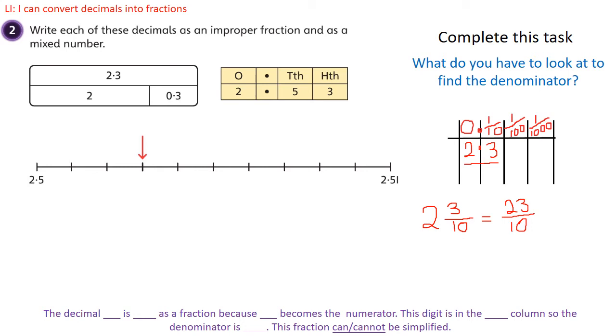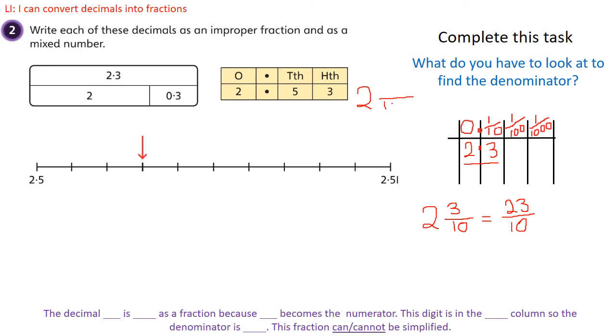Let's have a look at the next one. So we've got 2.53. So again, as a mixed number, you've got 2 wholes. What column is our last digit in? Our last digit is in our hundredths column. So what's our denominator going to be?